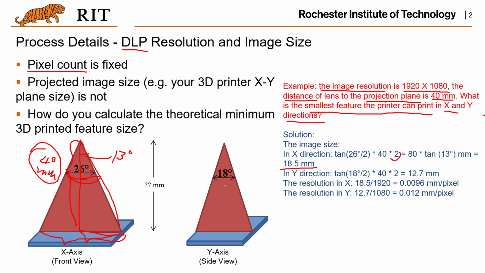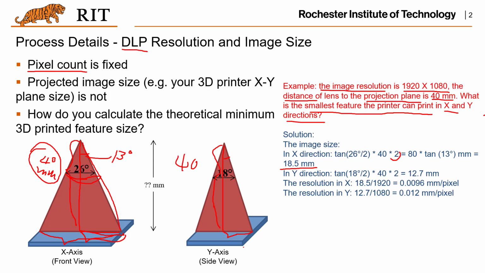Similarly, you can do the same calculation in the y direction, but this time the angle is 18 divided by 2, and still this distance is 40, and you have the length using the tangent, right? By doing so, you will have the dimensions in both x and y. That's the actual size in millimeters of the projected image. But how to compute the minimum printed feature size?